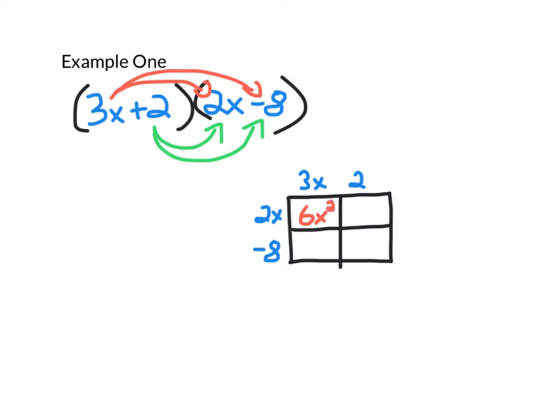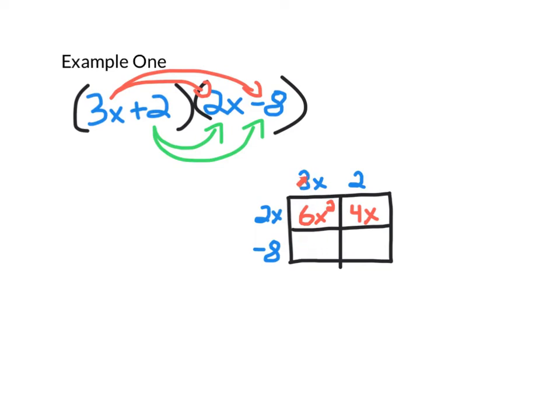So 6x squared goes in the top left, okay? Then if we move over to this box here, it's going to be 2 times 2x. Well, 2 times 2 is 4. We have this x, so this 2x twice is 4x. All right.